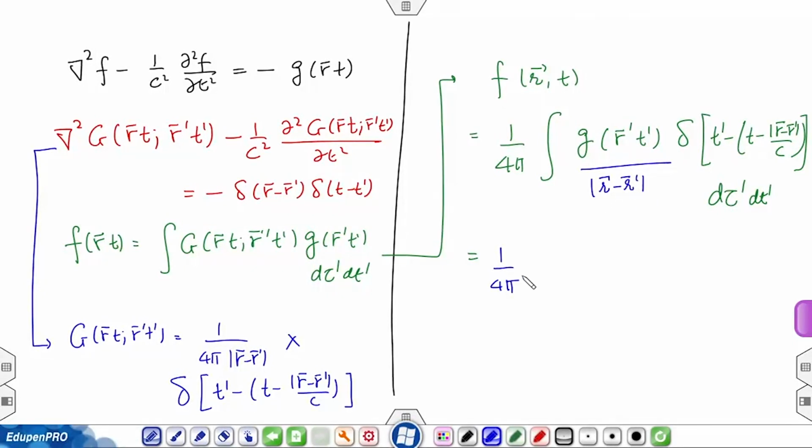So, this is 1 over 4 pi integration d tau prime g r prime t prime retarded divided by r minus r prime. And this is exactly the solution that we had proposed.